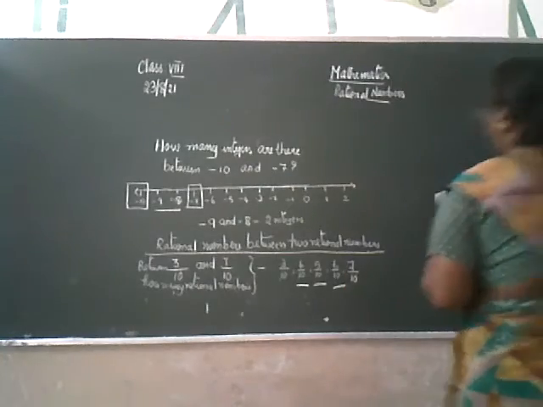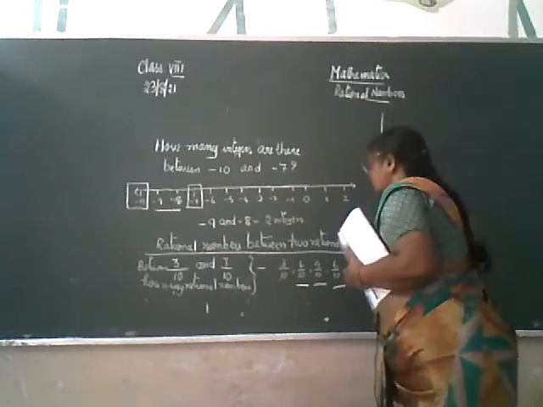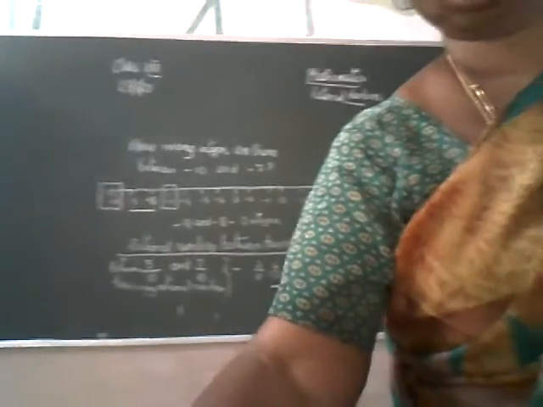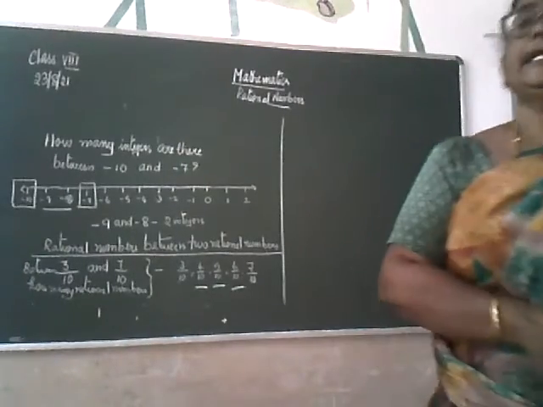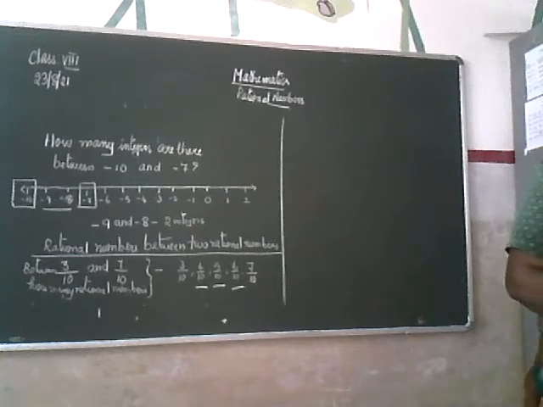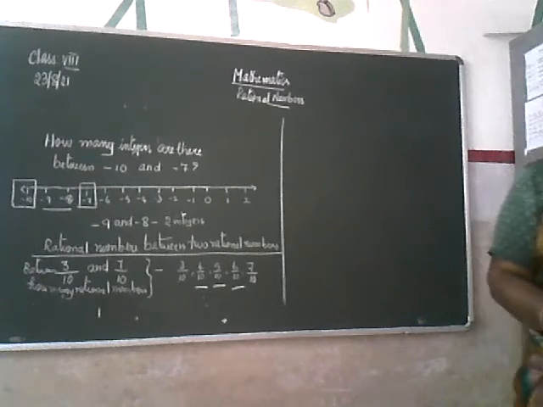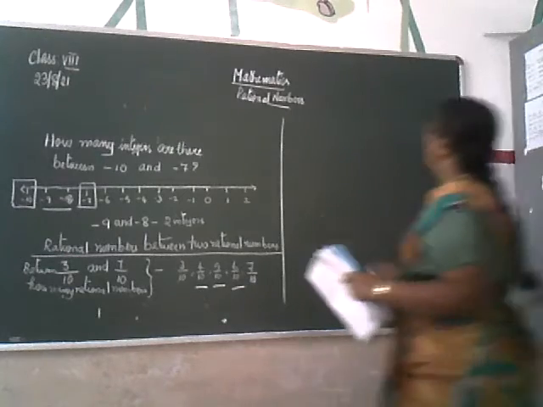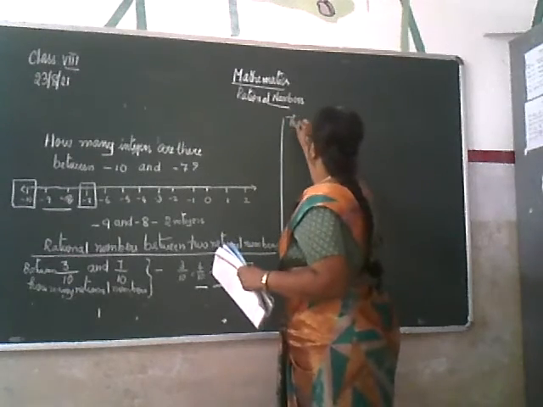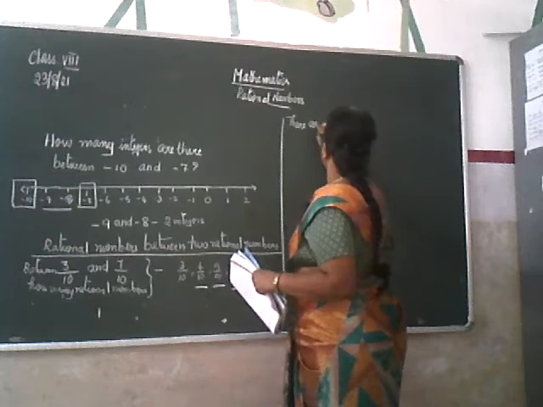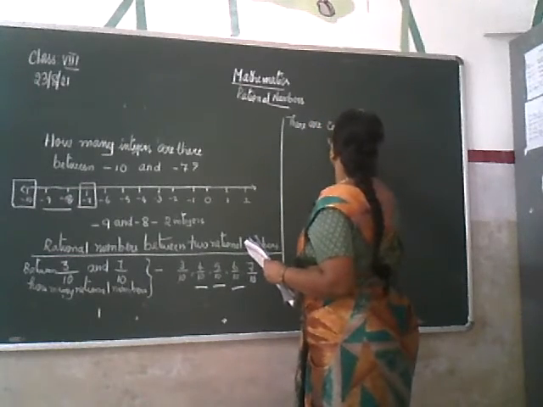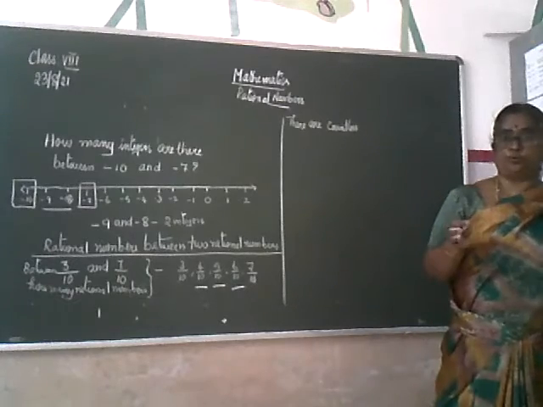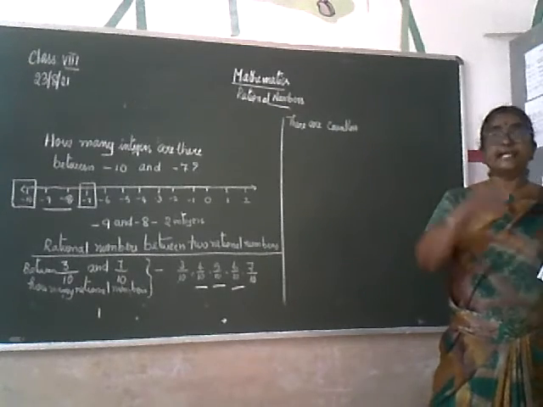But that is not correct, because you have countless rational numbers between any two rational numbers. You can't count them. So it is infinite.